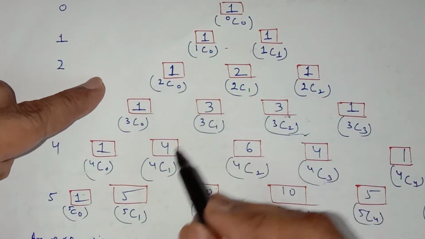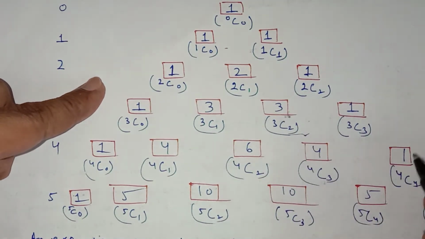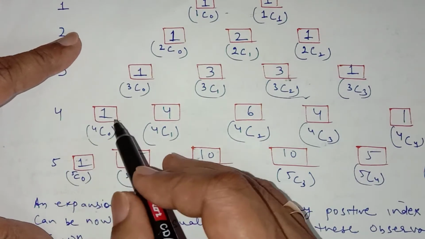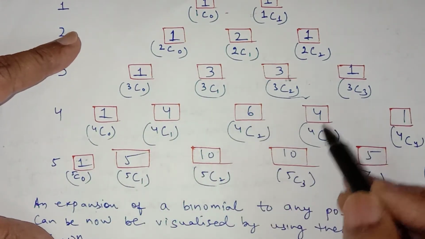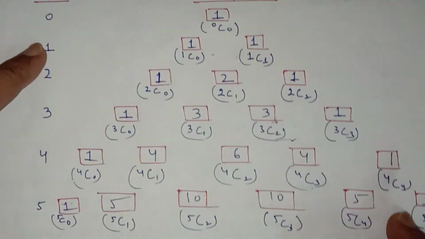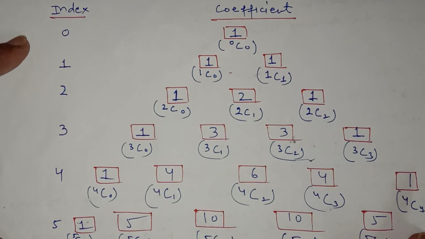Similarly here 1 plus 3 is 4, 3 plus 3 is 6, 3 plus 1 is 4, and 1 at the end and at the starting. Similarly for the power 5, 1 plus 4 is 5, 4 plus 6 is 10, 6 plus 4 is 10, and 4 plus 1 is 5, and the 1 at the end. So this is the Pascal triangle for obtaining the coefficients of the right hand side of the binomial expansion.